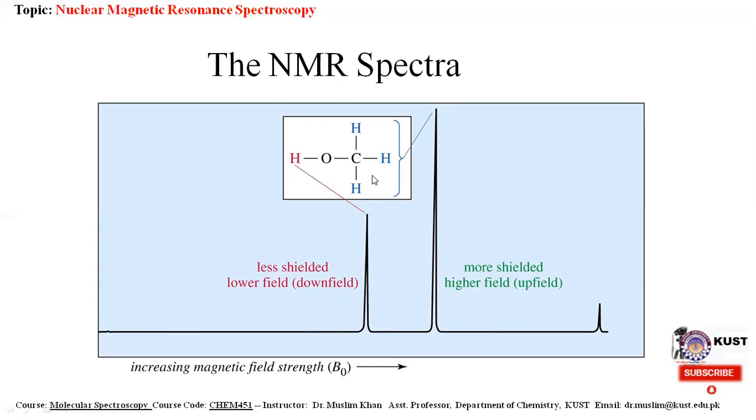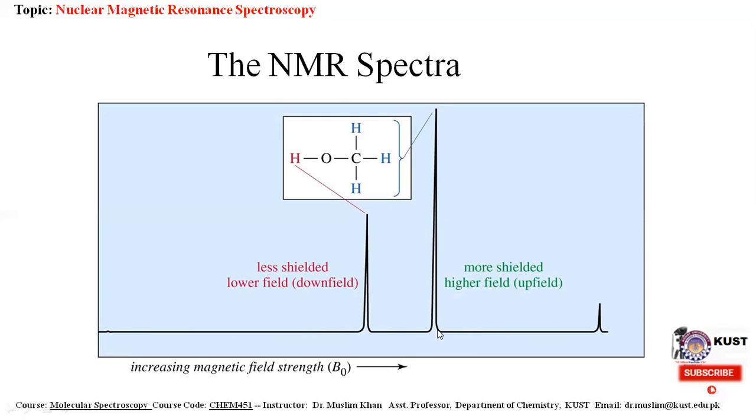As we discussed in our previous example, these 3 protons are more shielded, meaning very little energy is required to flip these protons. So the signal for these protons must be closer to this standard.